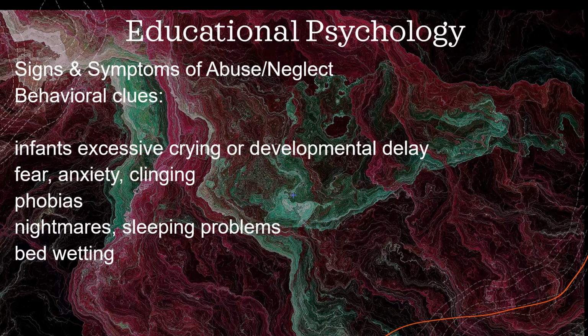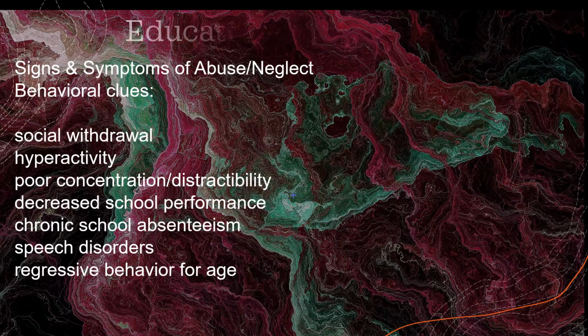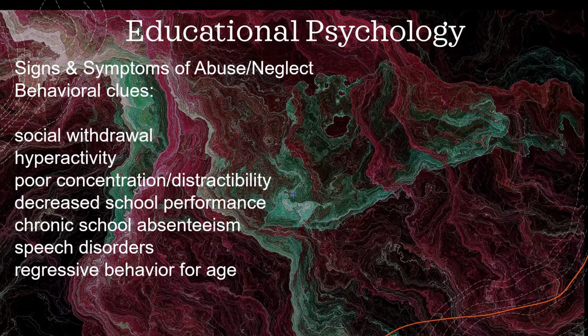Next is signs and symptoms of abuse or neglect, behavioral clues. Infants' excessive crying or developmental delay, fear, anxiety, or, sorry, signs and symptoms of abuse or neglect, behavioral clues.